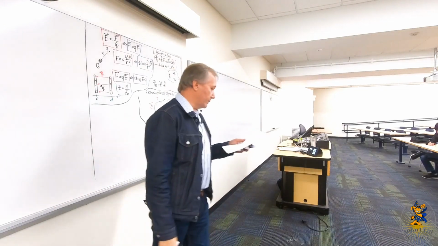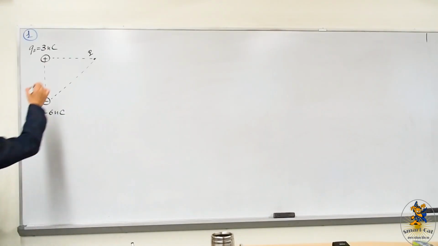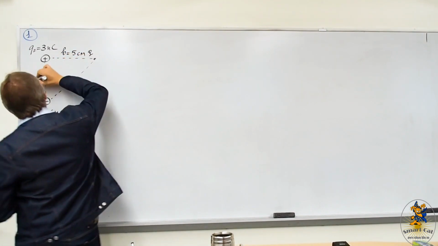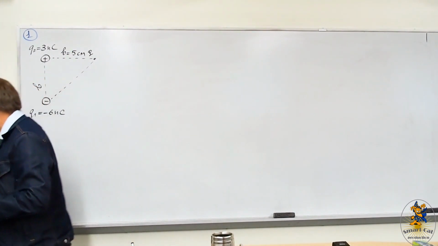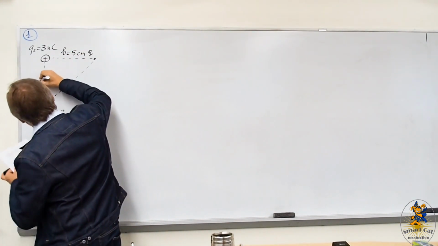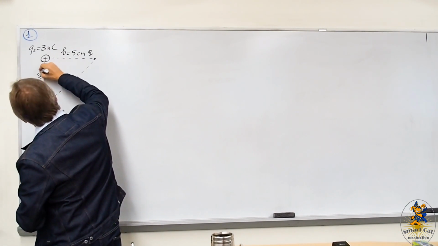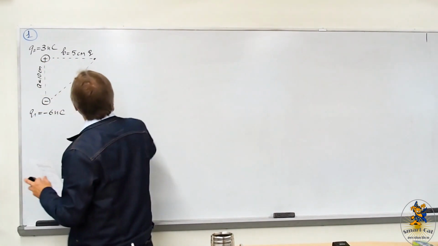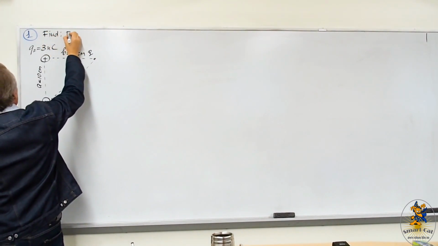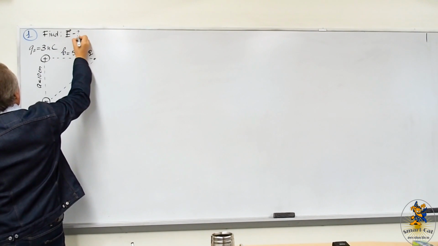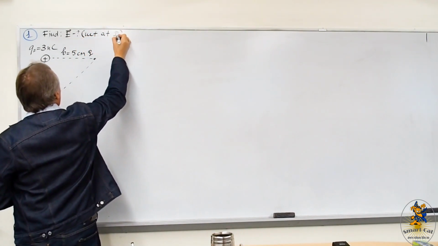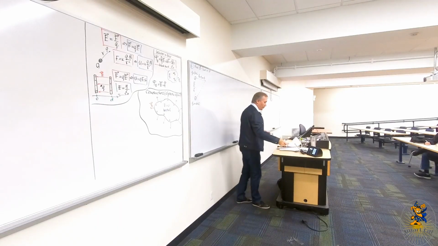Then some geometry is given. This distance is, let's say, 5 centimeters, and this distance, a, is 10 centimeters. Okay, so we need to find the net electric field E net at point P.